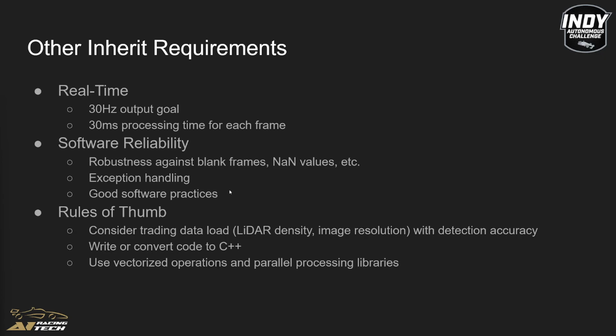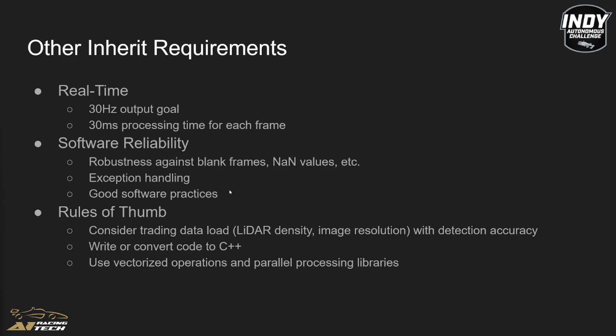On the LiDAR, things get a little bit trickier because the data is much more sparse. And to get a 30 hertz frequency output on the LiDAR, we have to pretty much drop a lot of those points, but there are still ways we can increase the density by setting the distribution of scan lines on the horizontal areas.